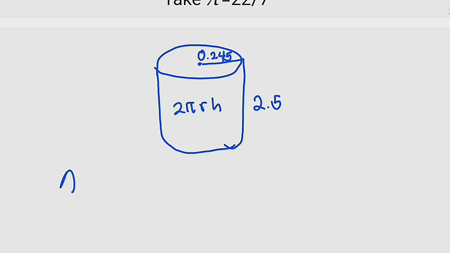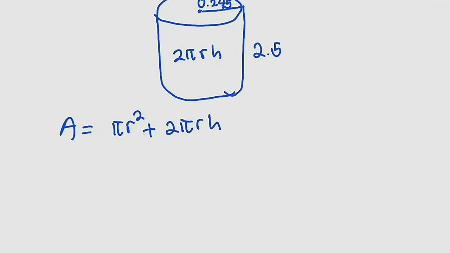So the total surface area will be area of circle, which is pi r squared, then plus the curved surface area, which is 2 pi r h. I think we have pi and r in common, so pi r. Inside from this one we have a single r left, and this are already gone, so we have 2h.